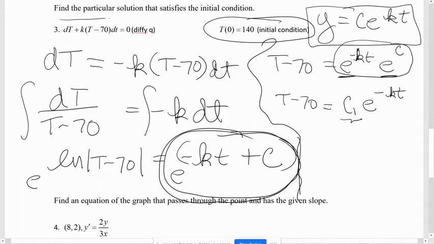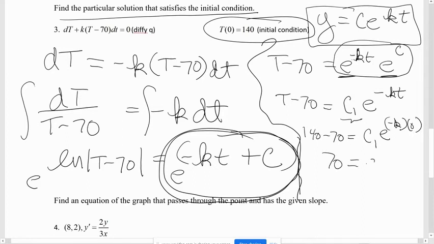Find the particular solution that satisfies the initial condition. So capital T is like my y, and little t is like my x. So this would be 140 minus 70 equals C1 e to the negative k times t, little t, which is 0. So that's 70. e to the 0 is 1, so it's telling me that C1 is 70.